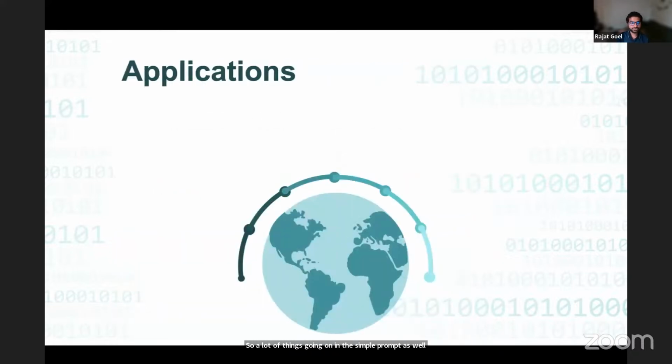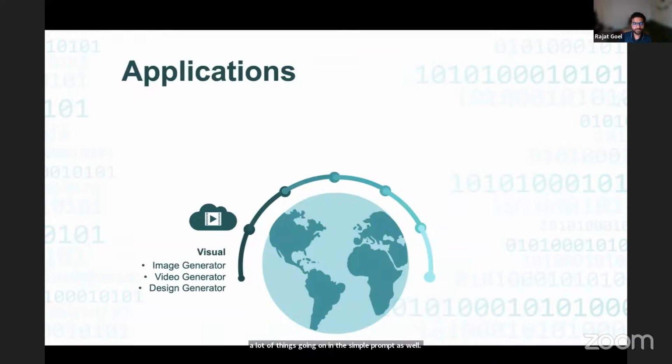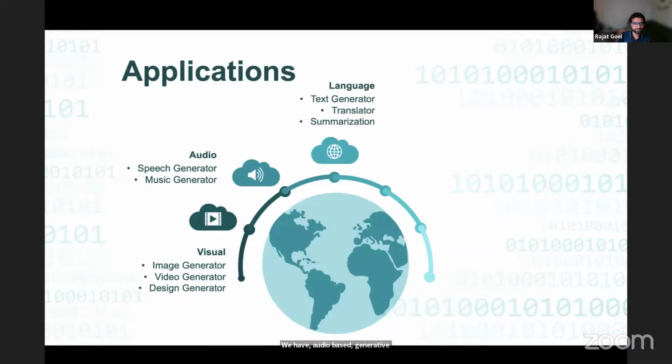Some of the applications of generative AI: we have visual generators like image generator, video generator, and UI/UX generator. So we can basically design logos or websites and stuff like that. We have audio-based generative AI, which generates speech and music.